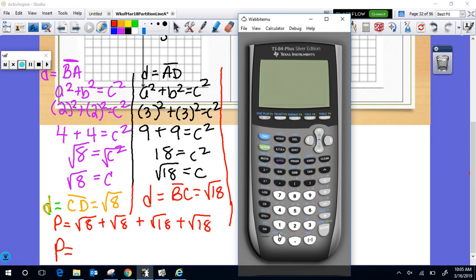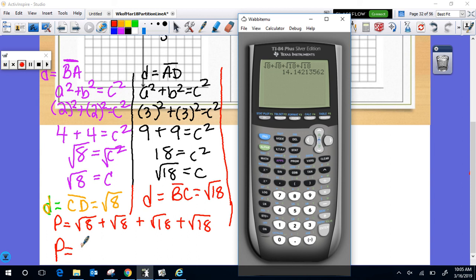So here, I'm going to turn it on. Square root of 8 plus square root of 8 plus square root of 18 plus square root of 18 equals 14.14.